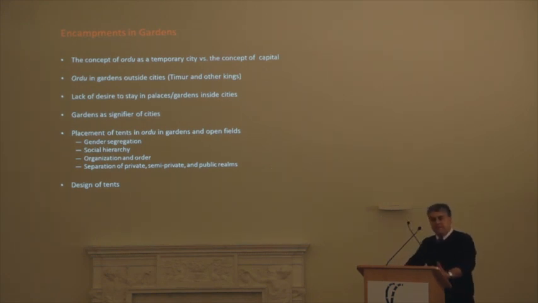And it's very interesting that when you start reading many travelers' accounts, you see that when they refer to a city, they have a different kind of conception of a city. But when you read the historical accounts, you see that the city is not necessarily referring to a static entity. It's a movable thing.